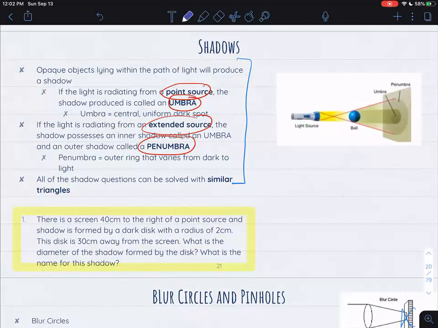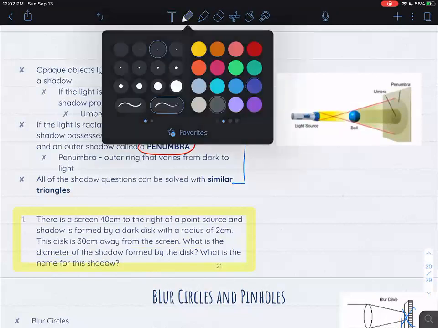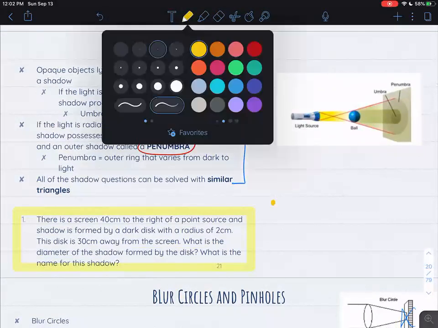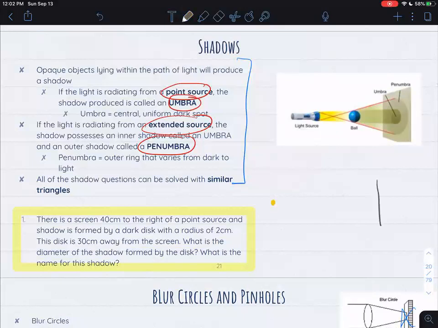So starting out my drawing, I'm going to go ahead and draw my point source, which is just light, 40 centimeters to the left of the screen. I'm sorry, the screen's to the right of the point source. I'm going to draw that here, and I'm just going to draw some rays coming off of it.